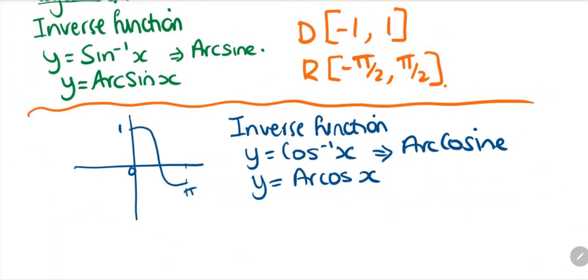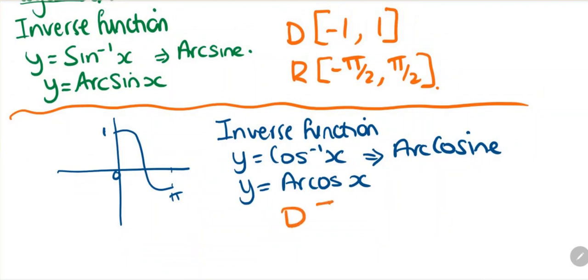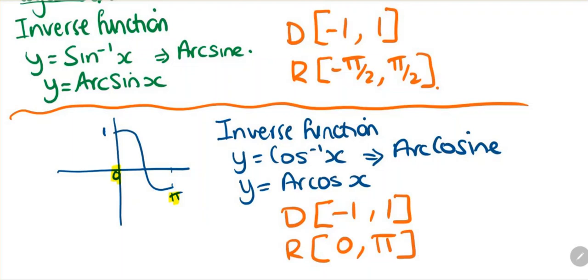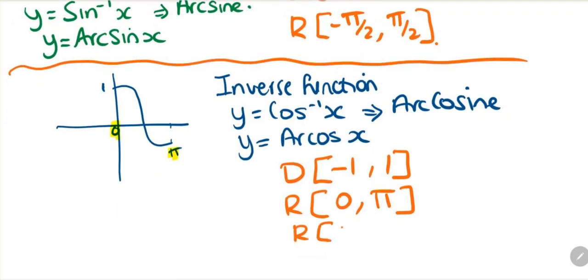Our domain is going to be from -1 to +1, and the range is going to be from 0, from this point here, to this point here. So the range is from 0 to pi, or from 0 to 180.